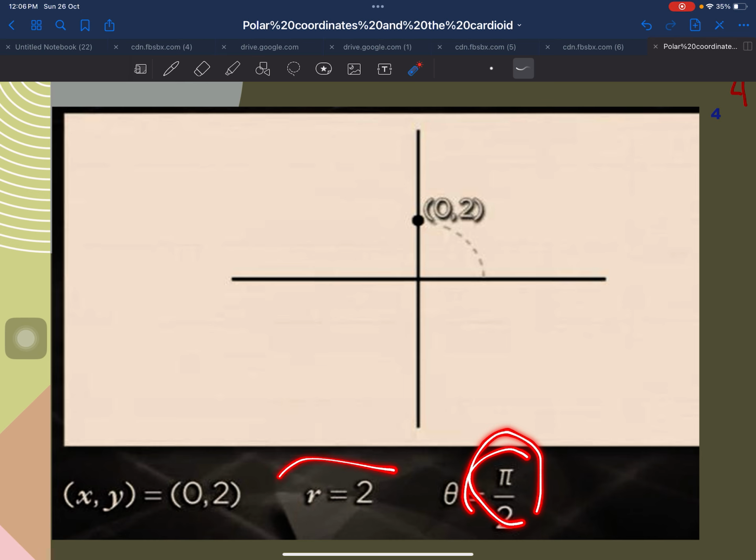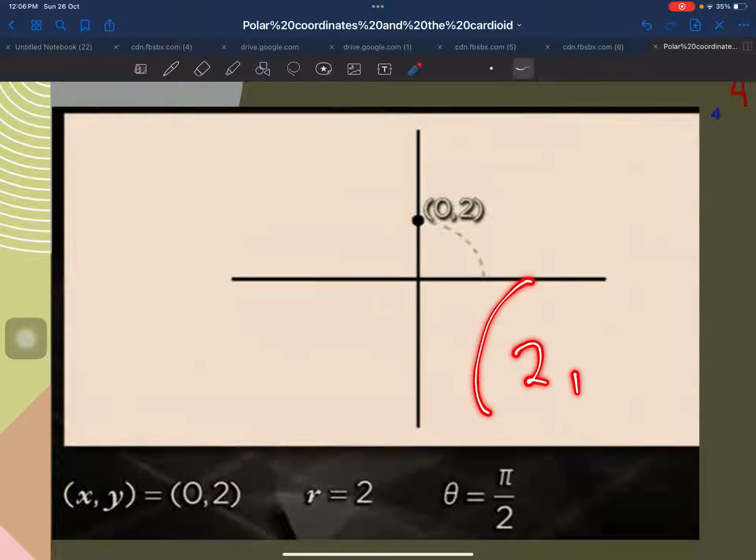So the distance from the origin to the point 0, 2 is 2, and the angle formed between the segment joining point P and the origin with the positive x-axis is pi over 2. Okay, so the coordinates would be 2, pi over 2.